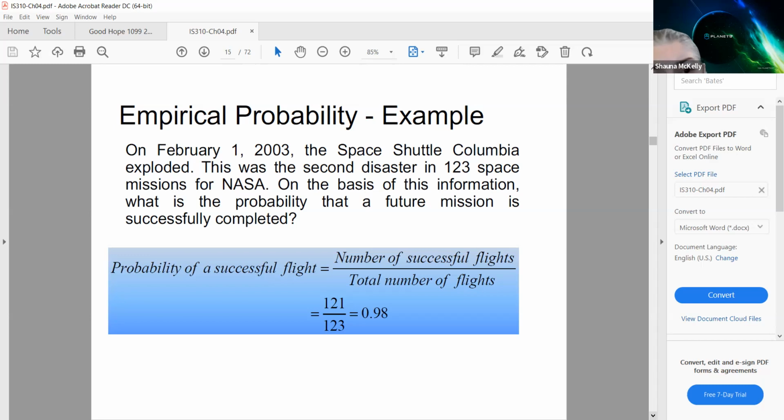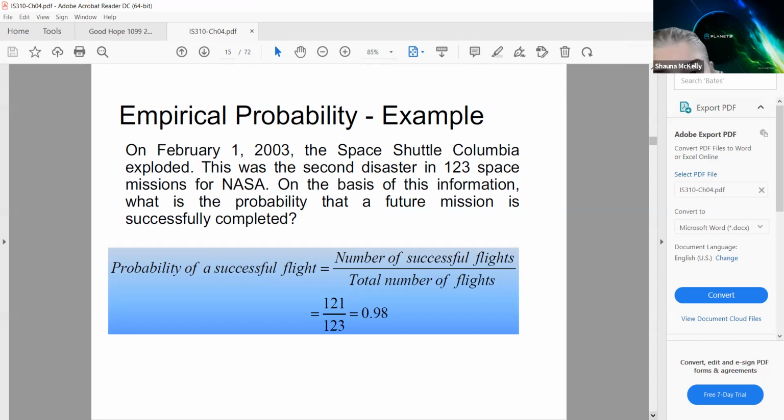Let's see why. On February 1st, 2003, the Space Shuttle Columbia exploded. This was the second disaster in 123 space missions for NASA. On the basis of this information, what is the probability that a future mission is successfully completed?